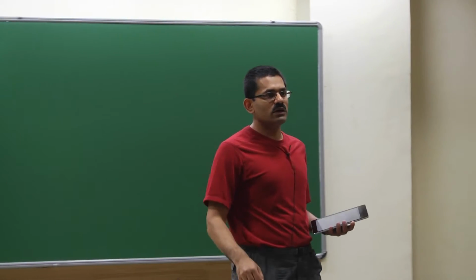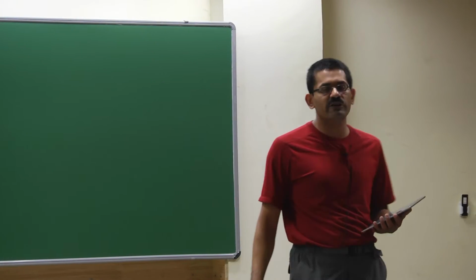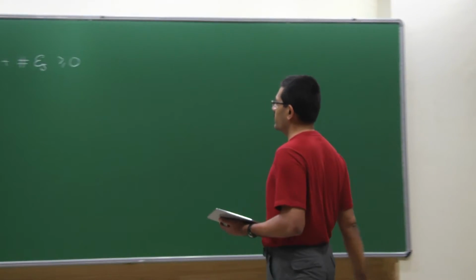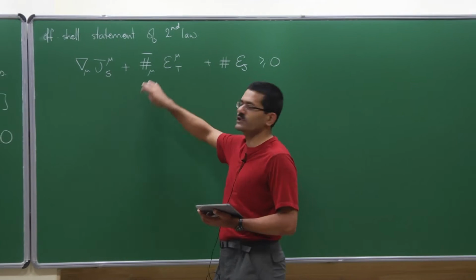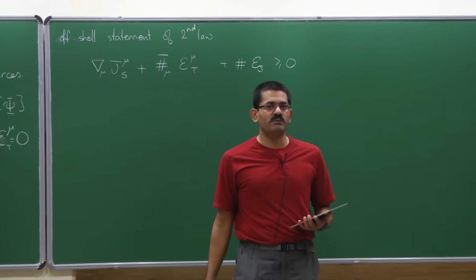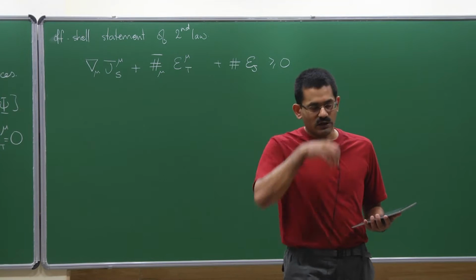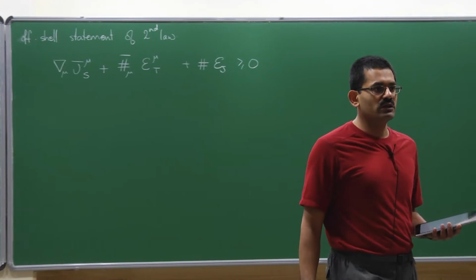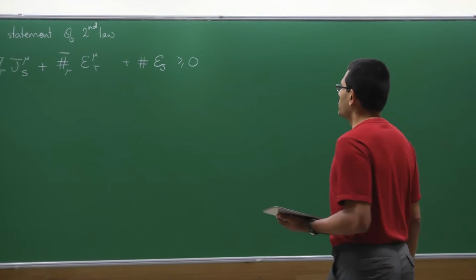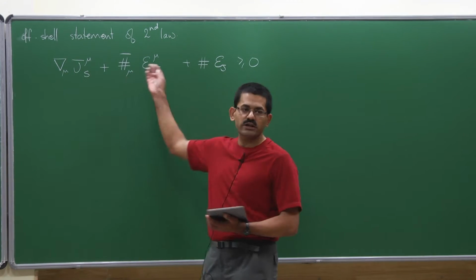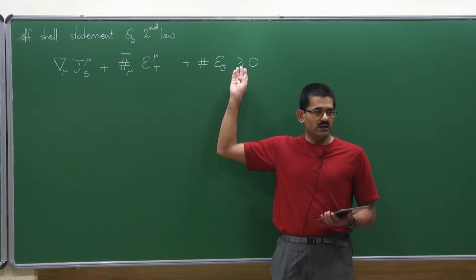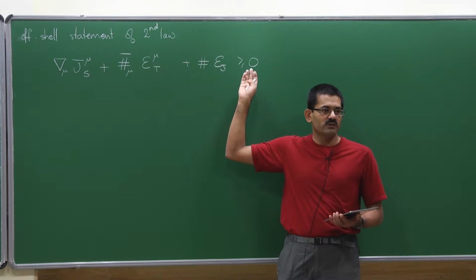I can pick a set of Lagrange multipliers which I have left mysterious for now, a scalar Lagrange multiplier for the current conservation equation, and a vector's worth of Lagrange multipliers for the energy conservation equation, and take linear combinations of them with the entropy current and demand that that combination be positive.